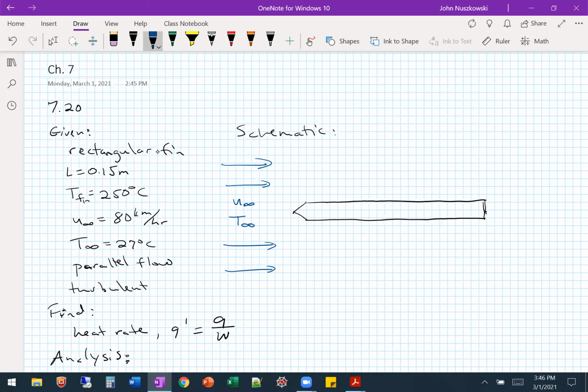All right, so we have U infinity, T infinity given. We have the surface temperature, which is the temperature of the fin. Okay, and then we have our lengths. All right, and this is air.